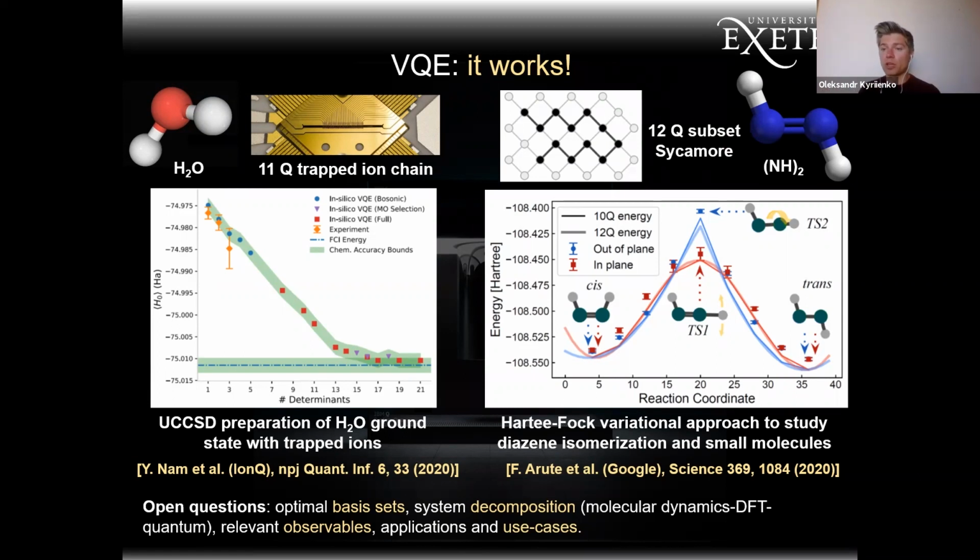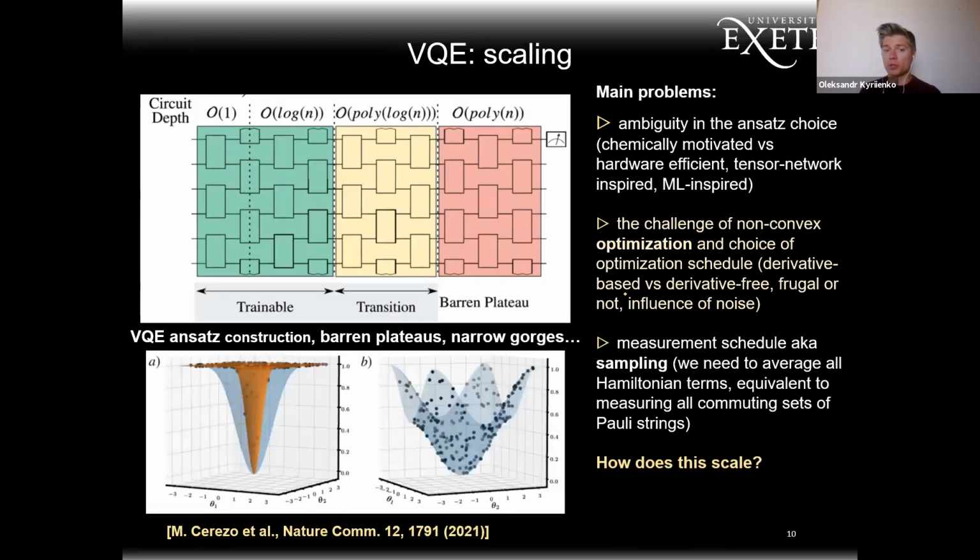So the size of VQE examples is growing, but what's crucial is the scaling, because we don't know how it will scale up into larger system sizes. And even if we forget about noise, if we forget about the measurement and consider ideal state vector simulation, the big question remains: can we find optimal angles even for large system sizes? So not 12, but 50 qubits. That's an open challenge. And here is the list of problems you need to overcome.